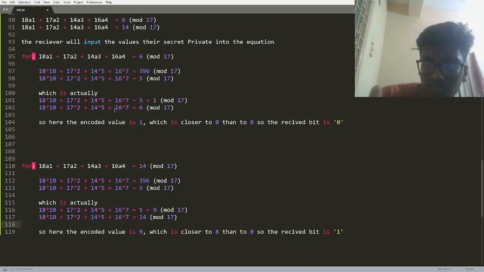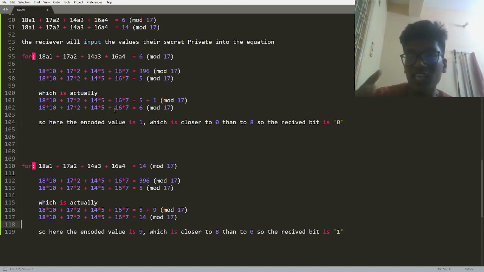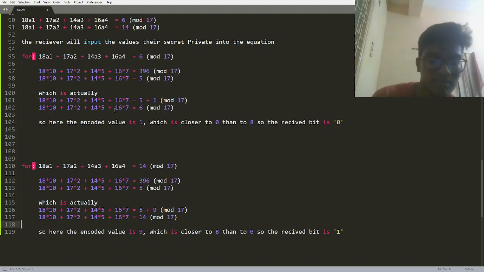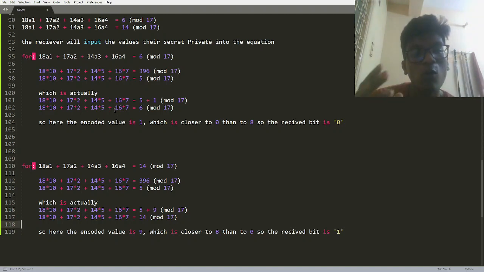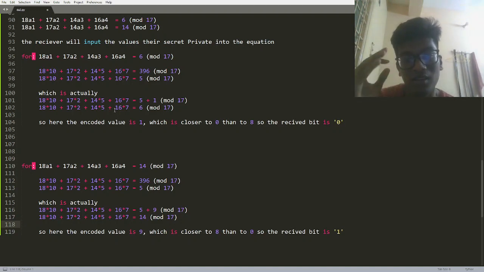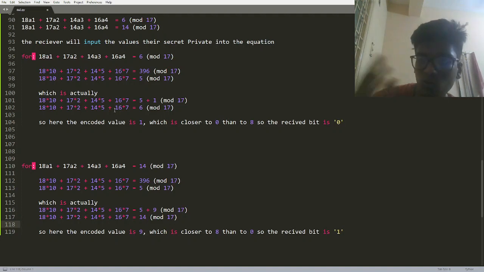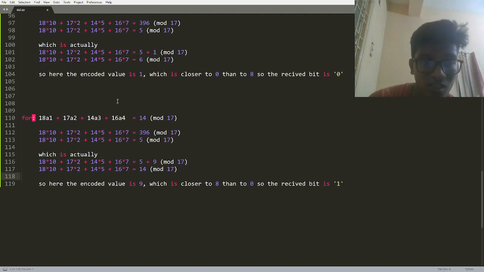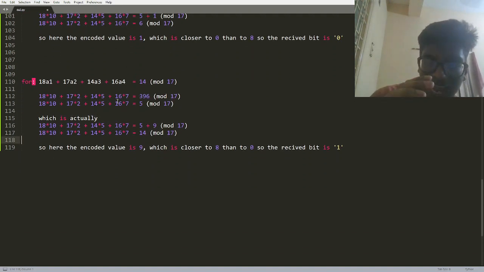So how is this helpful in post-quantum technology? As I've said, the goal of our encryption technique is to make it very hard for an intruder to find out what the private keys are. So this learning with error technique is a foundational technique.